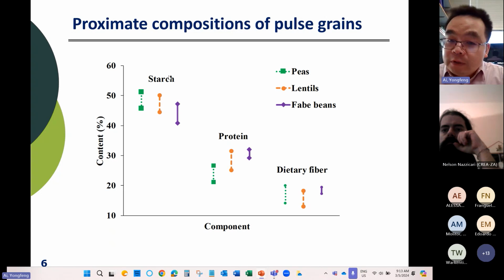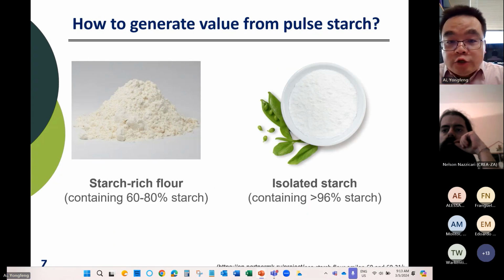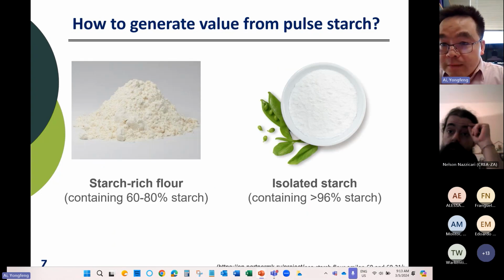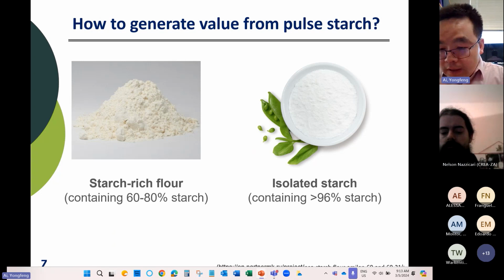as a co-product. So the challenge for the pulse industry, not just in Canada but in other parts of the world as well, is how we can generate value from this co-product. Because remember, when we produce 1 volume of the protein, inevitably we will generate 2 or 3 volumes of the starch.